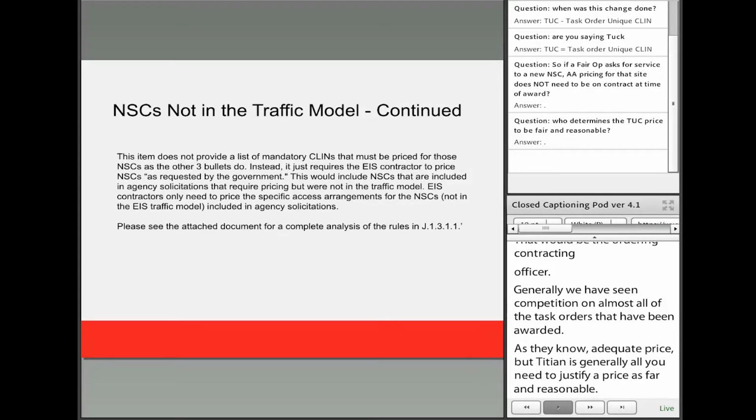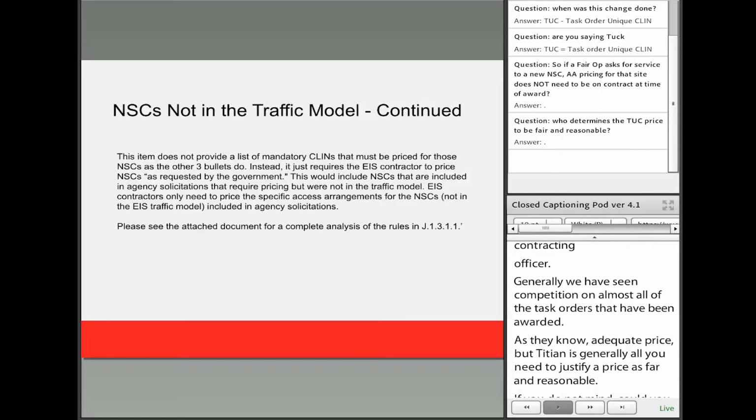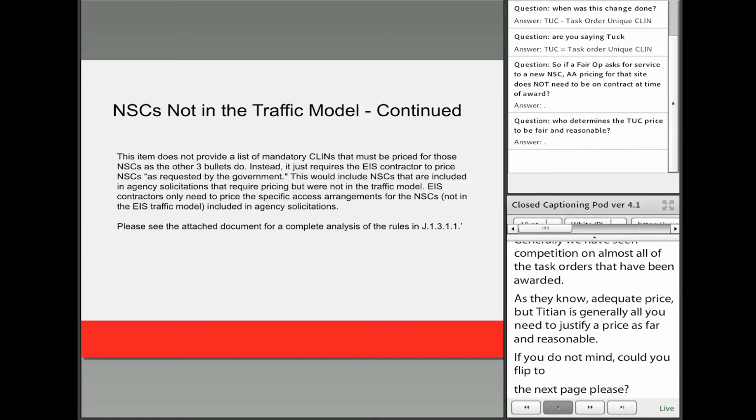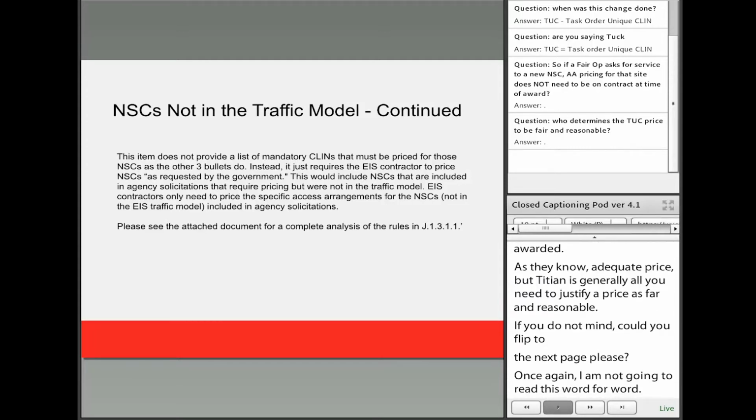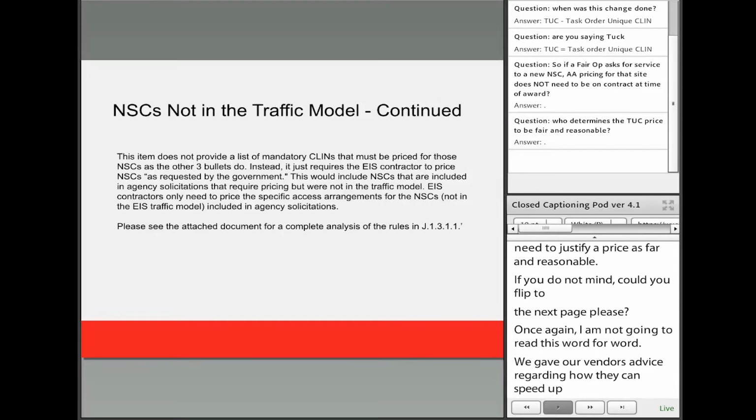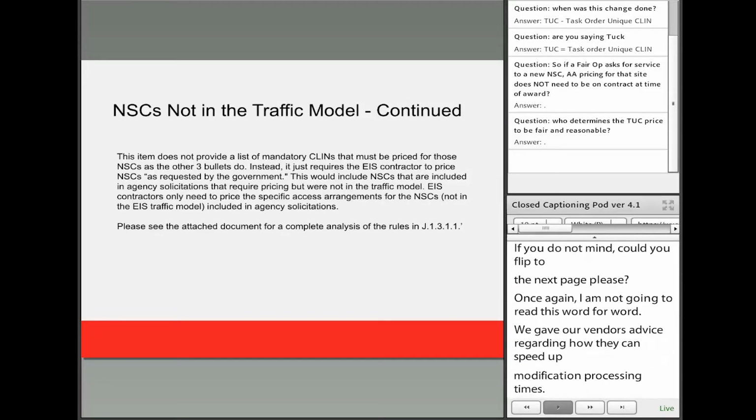And this, once again, I'm not going to read this word for word, ladies and gentlemen, but we gave our vendors advice regarding how they can speed up modification processing times. So as I mentioned, if the NSC was in the traffic model, they had to submit dozens of access prices because there are so many different types of access arrangements.